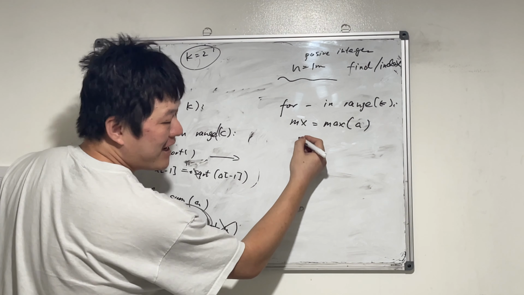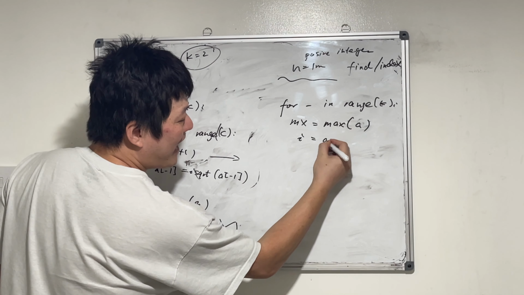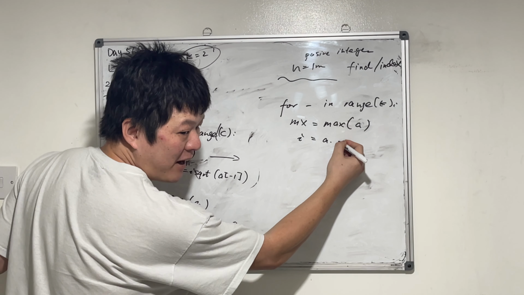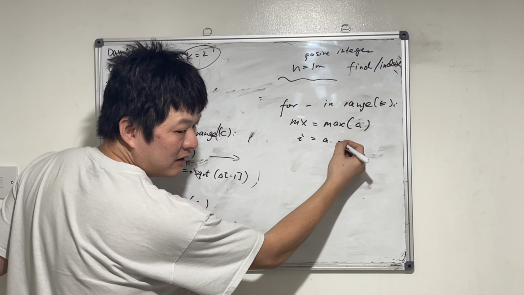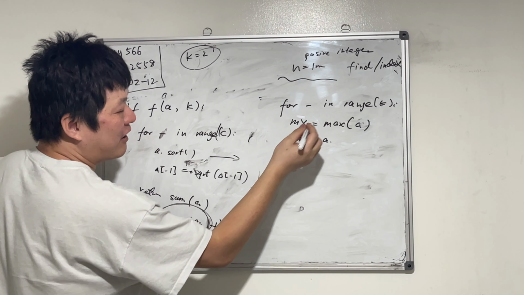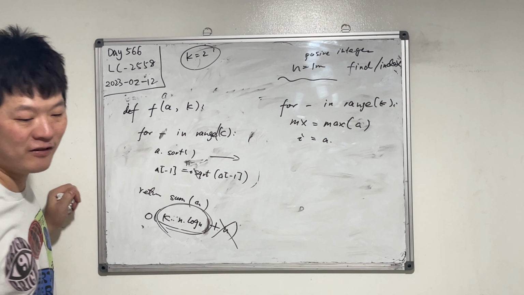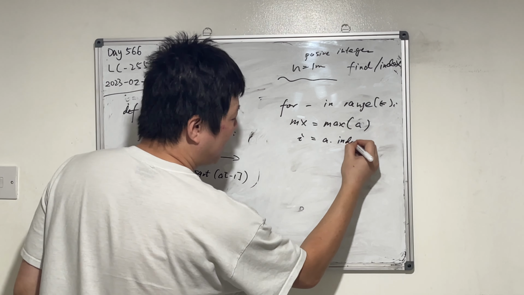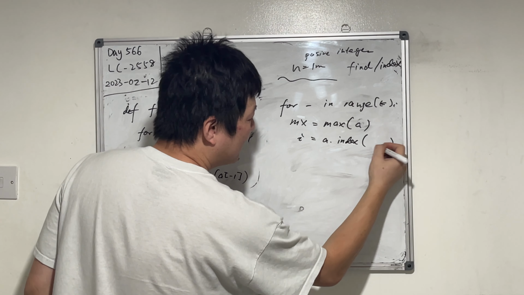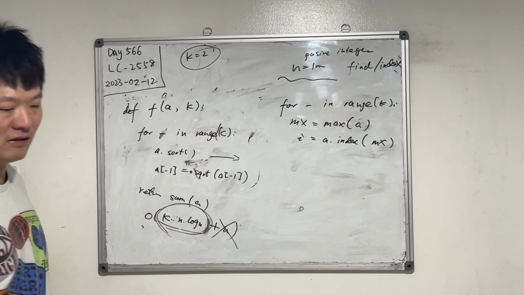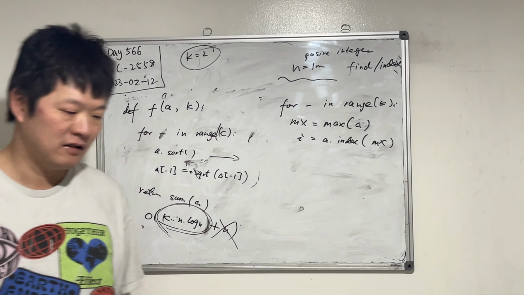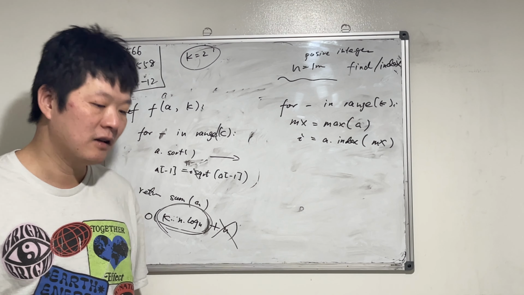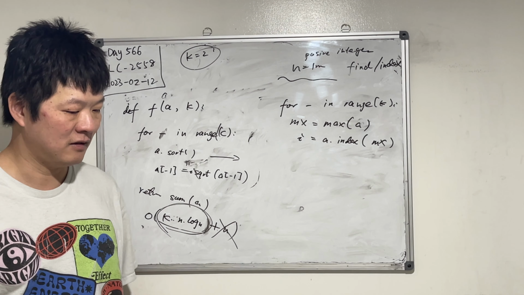We need to find where it is, right? i equals A dot, what's the function we talked about? We want to find the index of the value in the array. What are the two functions we talked about yesterday? Index or find. What's the difference between index and find? Find is that you're trying to find it, and it could also not be there, and the computer won't complain.